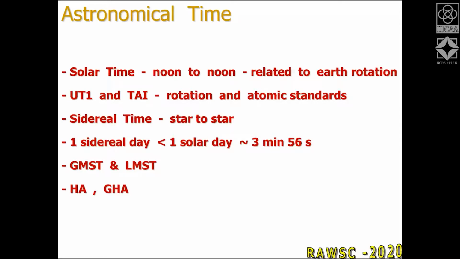We need some zero for that, right? Now, the zero is simple to define because the right ascension zero, which is the first point of Aries, when it transits, you call that the 0 hour of the sidereal time. Okay. Now, for any star which is far away from this 0 hour transit, it's very easy to figure out when it will transit.